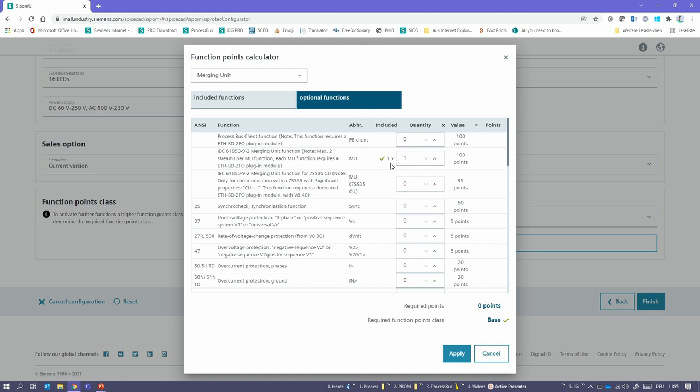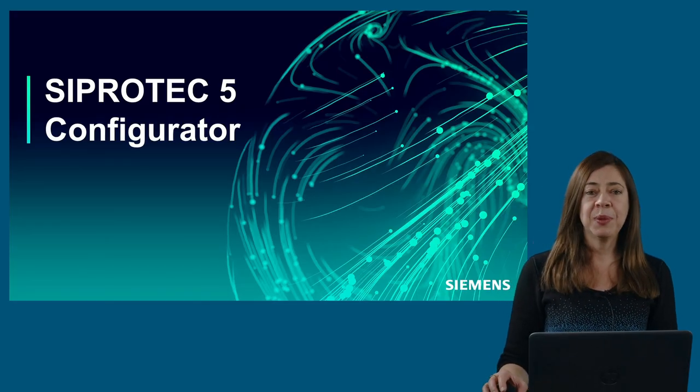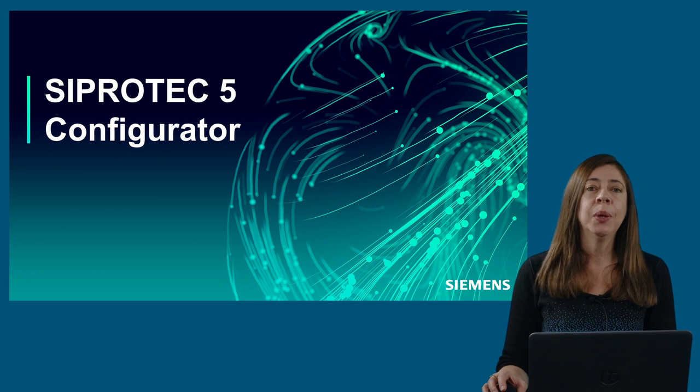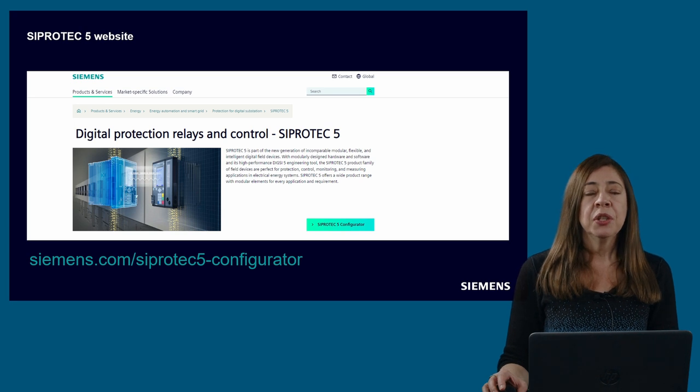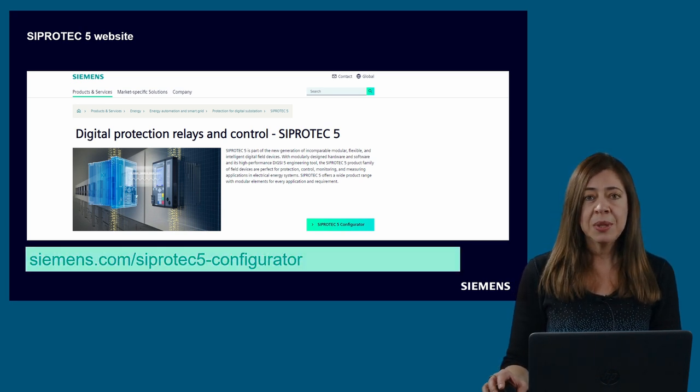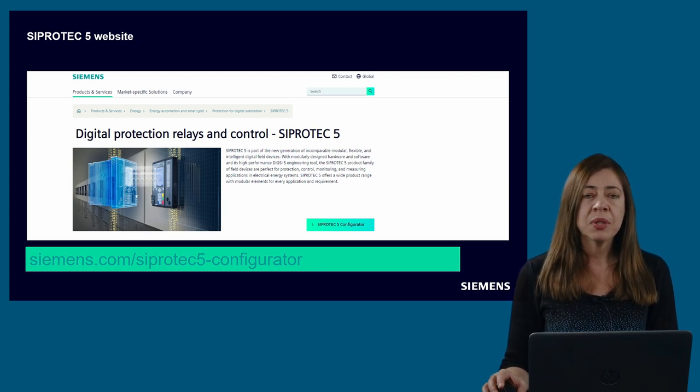So here, with the help of the SIPROTEC 5 configurator, we will select the merging unit and protection devices for the Process Bus technology. This configurator can be found in this link that we see here, or you can simply write SIPROTEC 5 configurator in your browser and look for it.